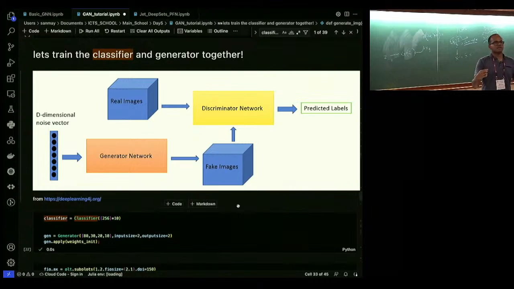Is this statement clear? Yeah, so right now, the way I'm setting up the problem, first we have a pre-trained classifier which already knows how to distinguish between real data and fake data.